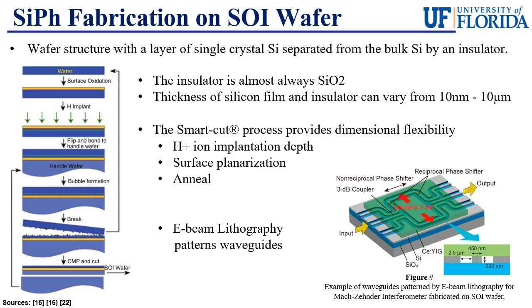This wafer is then flipped over and bonded to another new silicon wafer. The implanted hydrogen will create bubbles, allowing the wafer to cleave, and then using mechanical polishing, the surface of the wafer can be made ultra flat again. The final SOI wafer can then be cut from the handle wafer and then annealed.